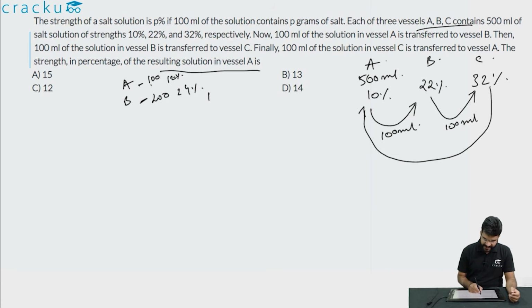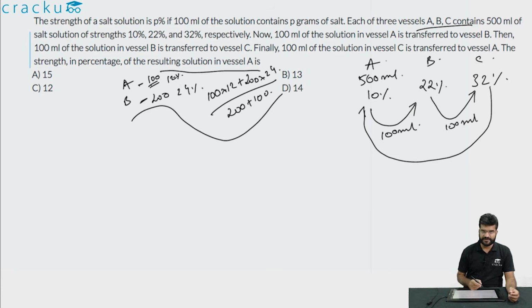In this case, it will be 100 into 12 plus 200 into 24 whole by 200 plus 100. This is basically the weighted average of the strengths of both the solutions. So whichever has lesser volume, the impact of it in the final strength will be lesser. So we'll use the same formula multiple times to get the answer.